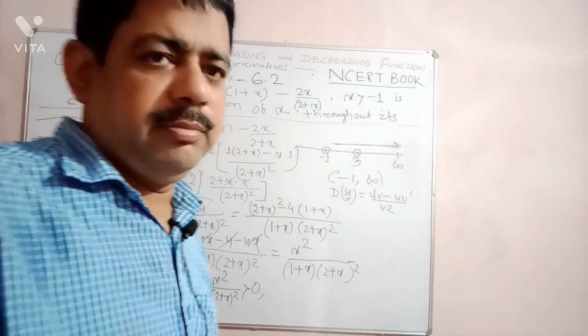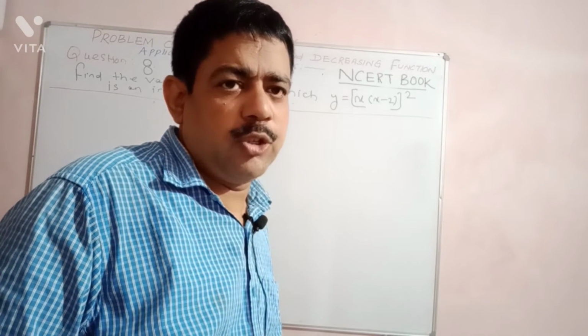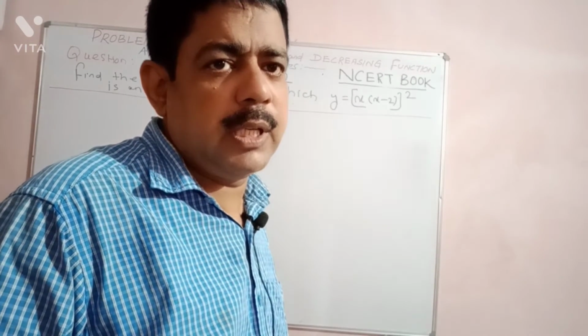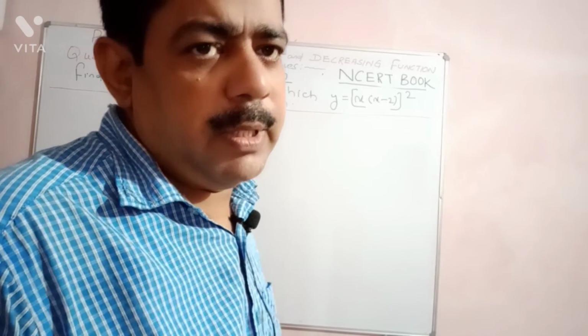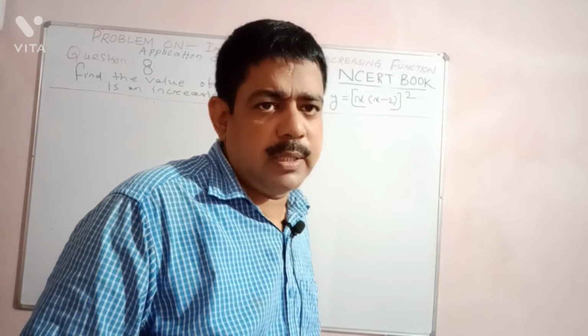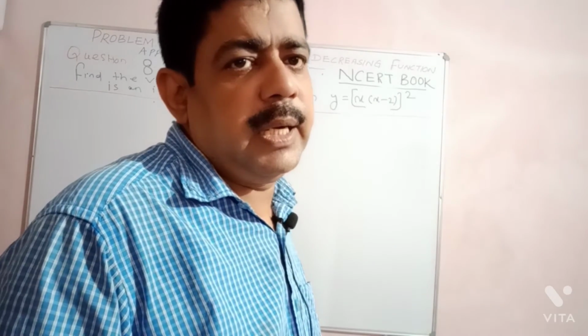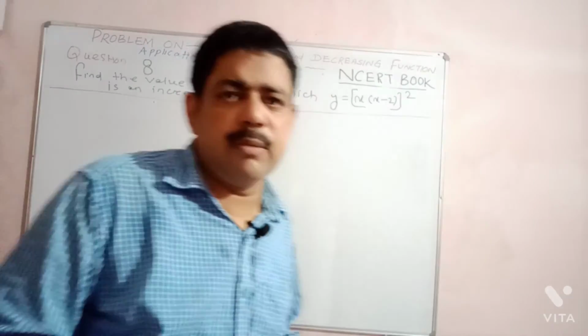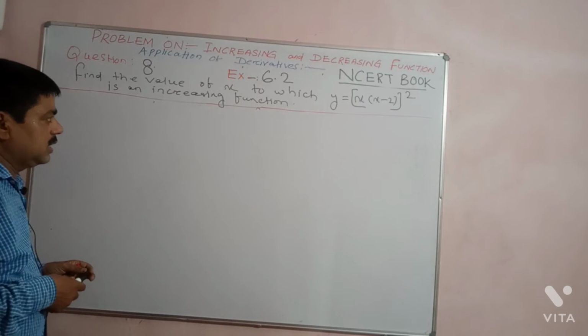Okay, thank you. So hello students, and here I am discussing question number 8 of exercise 6.2 of your standard 12 mathematics. We are discussing the concept of increasing and decreasing functions based on the application of derivatives.